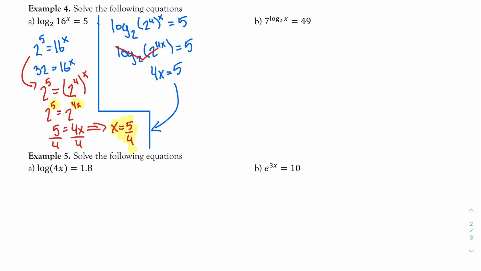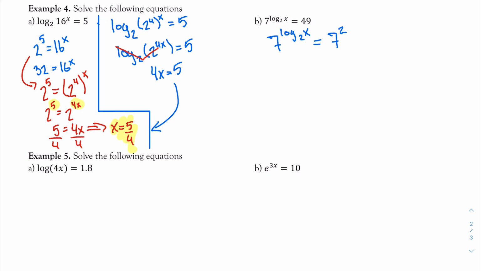I have 7 to the log base 2 of x is equal to 49. Well, this is overall an exponential equation. Right now I can't do any cancellation. However, one thing I might notice is that on the left I have a base of 7, and on the right I can write 49 as 7 squared.